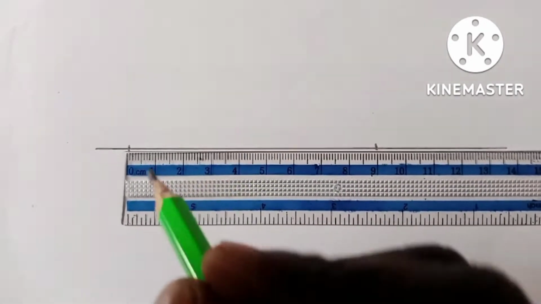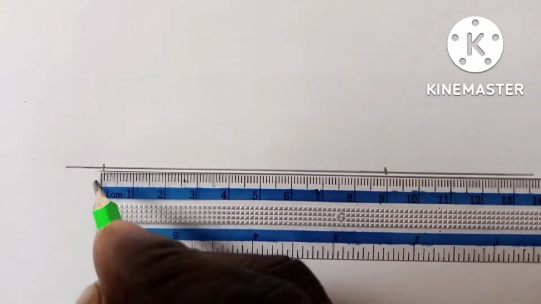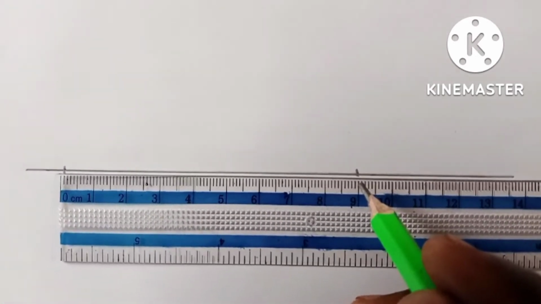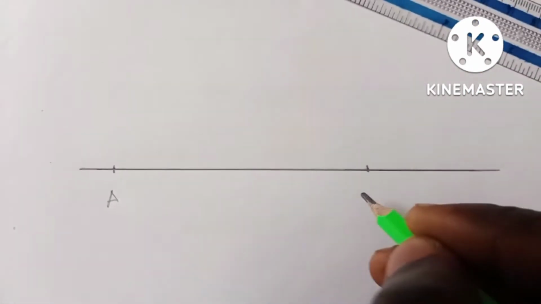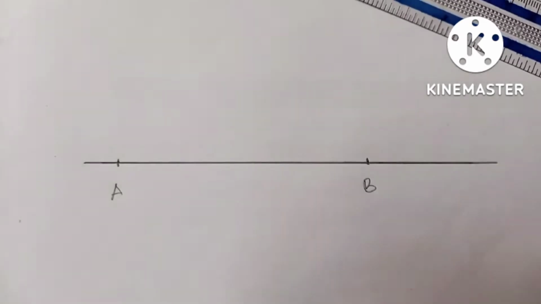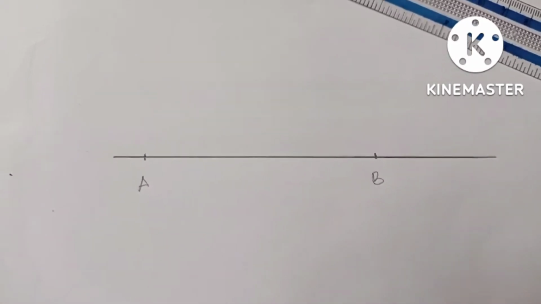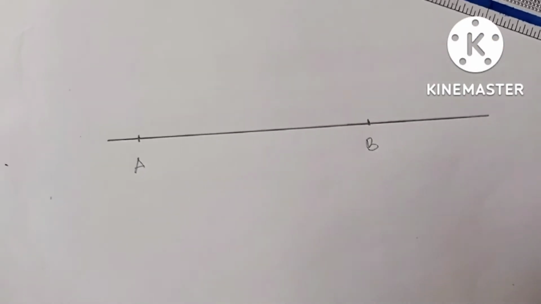All that matters is that you indicate your starting point and your ending point. We start from the 0 and end on the 9 centimeters, from A to B. Move along with this tutorial, and if you have any question, try and comment in the comment section below.